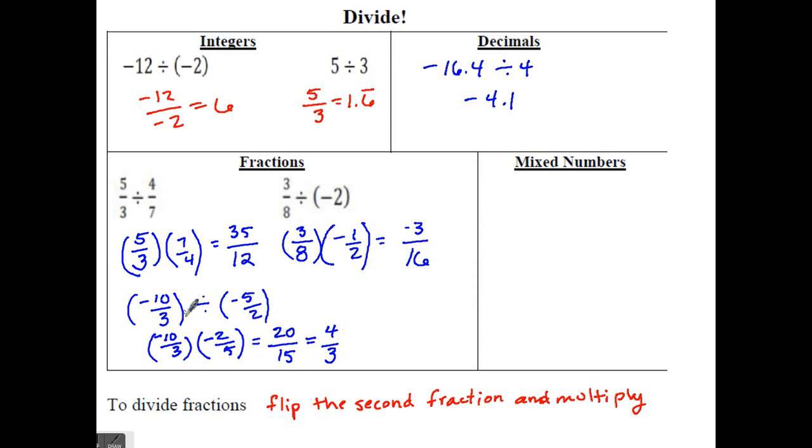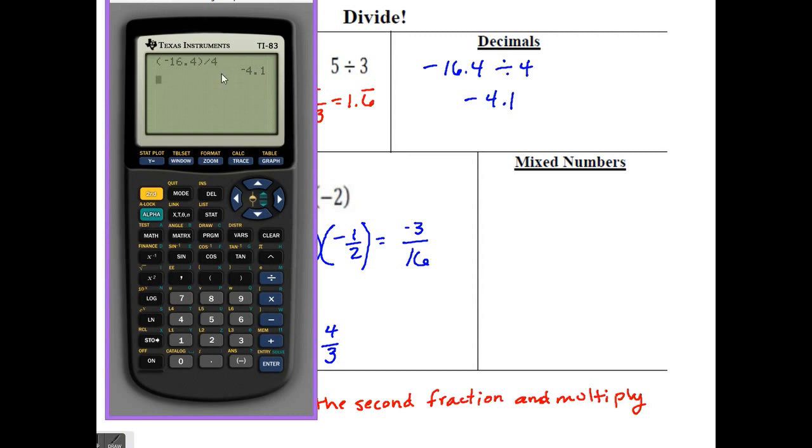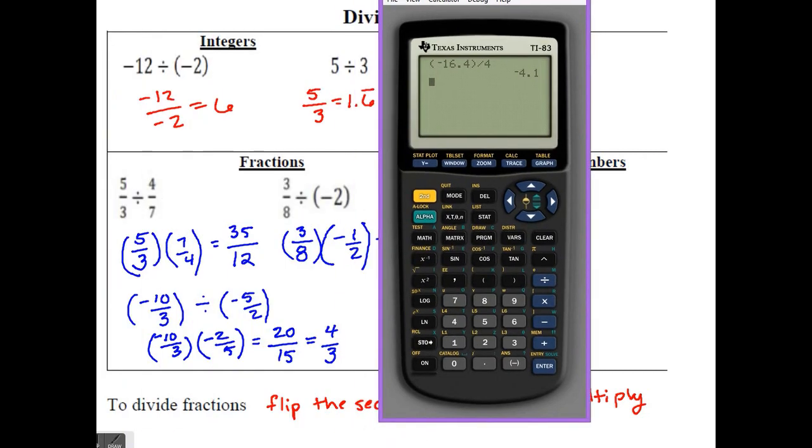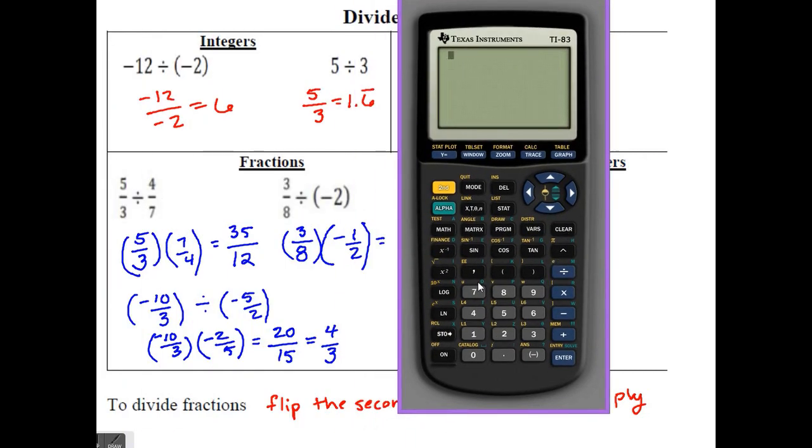Now let's show this example in the calculator. So we're going to go ahead and put parentheses, negative 10 divided by 3, close parentheses.